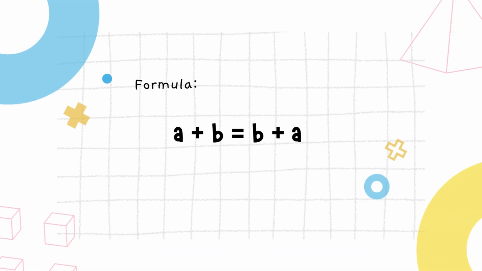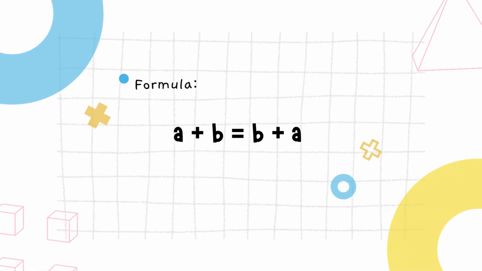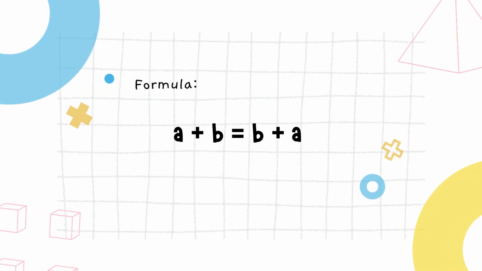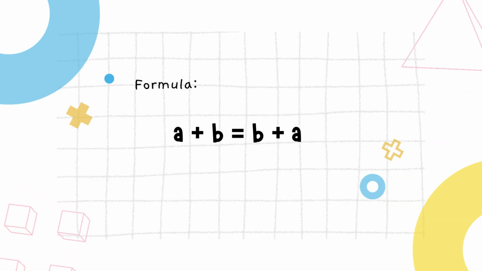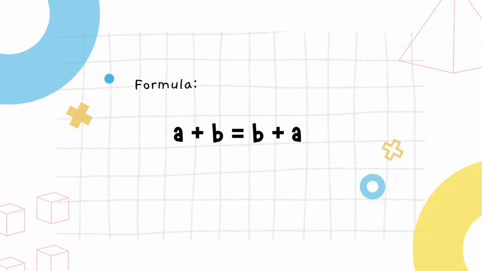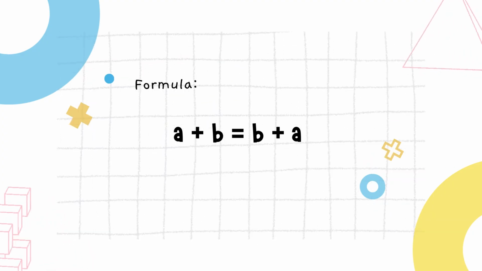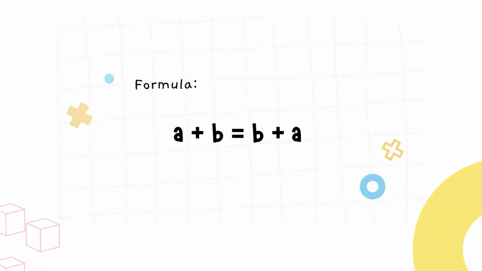It's a long equation to write. We can shorten it by letting A represent the first number and B represent the second number. Then our equation becomes A plus B equals B plus A. Here, A and B stand for any number, and possibly the same number.